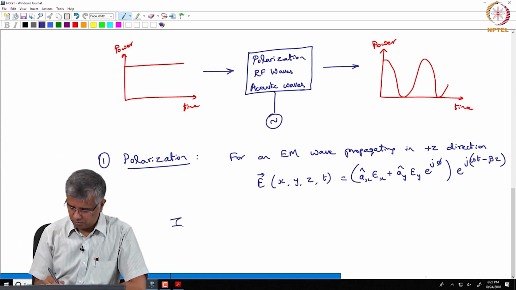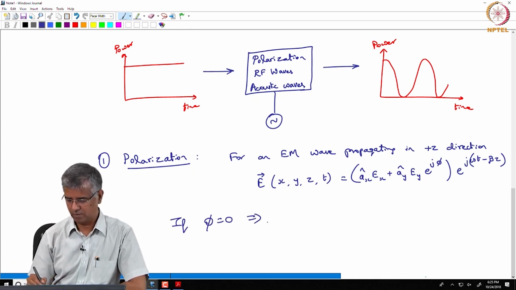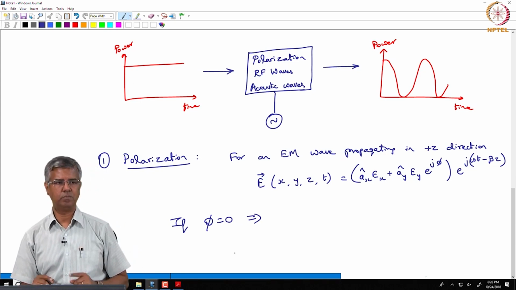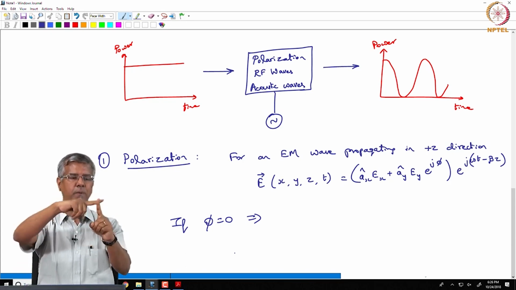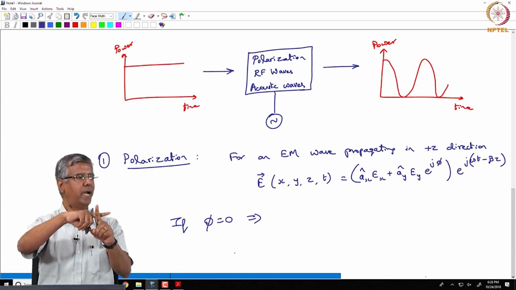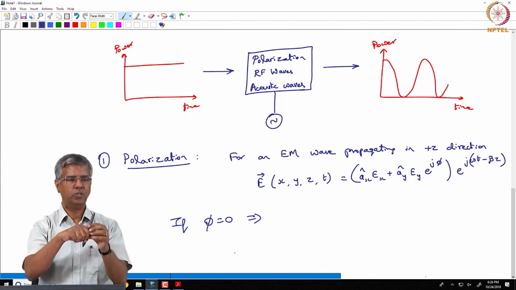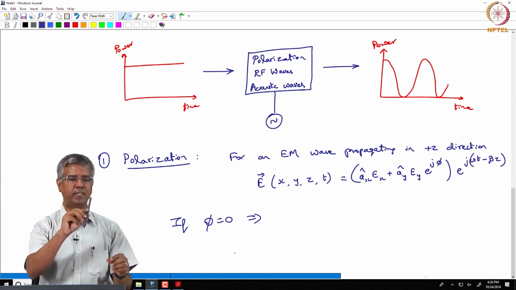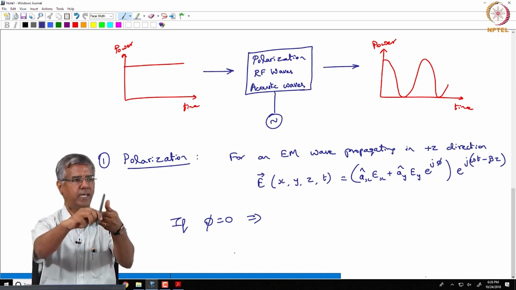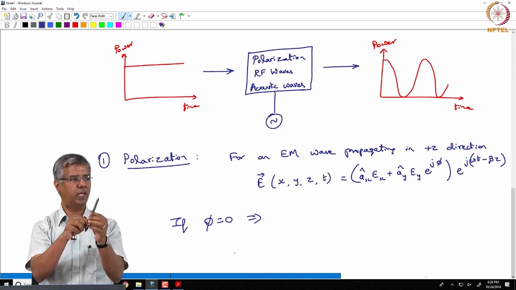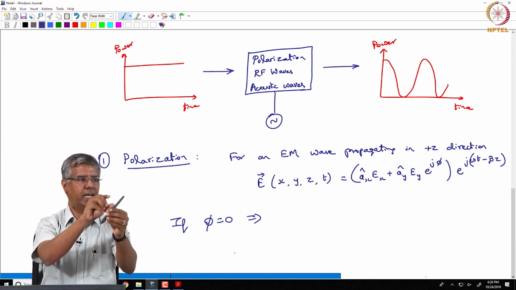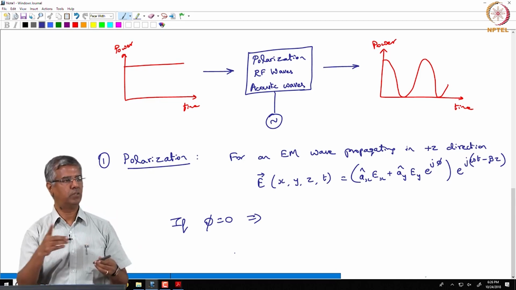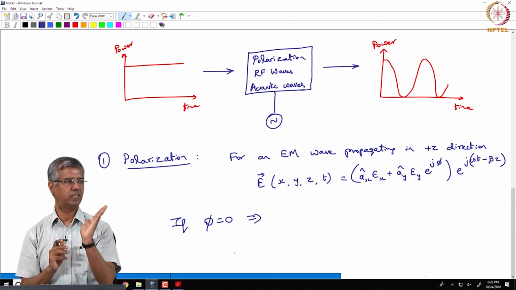Now, if phi equal to 0, then what you will find is both your Ex and Ey components are travelling together, and depending upon your relative magnitude of Ex and Ey, you would actually have an electric field that is tracing a line as it is propagating. If both of them are equal, Ex is equal to Ey, then it will actually have a 45-degree line that is tracing. So, that is what you call as linear polarization, right.